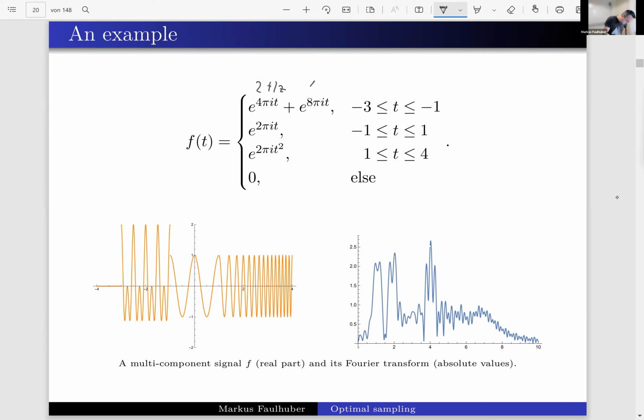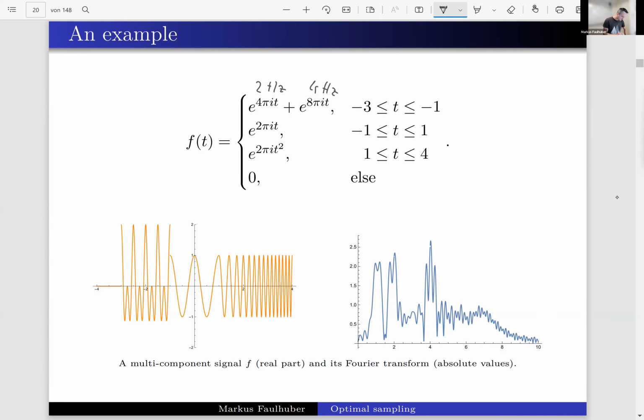And one with frequency 4 Hertz, because we already have the 2 pi usually in the exponent. And then we have a plane wave with frequency 1, and then we have what is called a chirp. So the frequency is increasing over time.